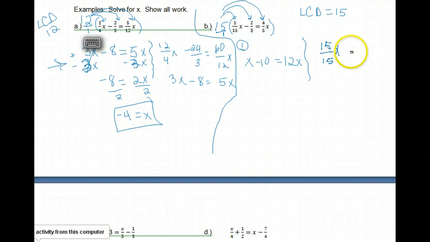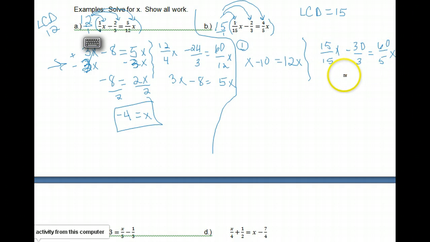So 15 times negative 2 is negative 30. 1 times 3 is 3. And then we're going to multiply 15 to 4/5. And 15 times 4 makes 60. 1 times 5 makes 5, and that's an x term.